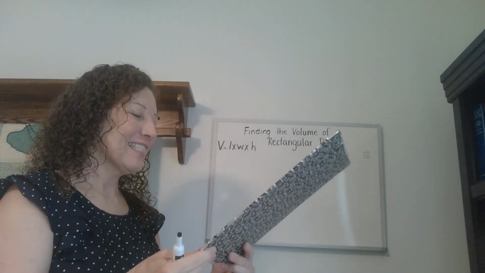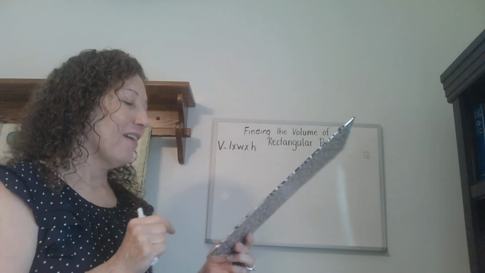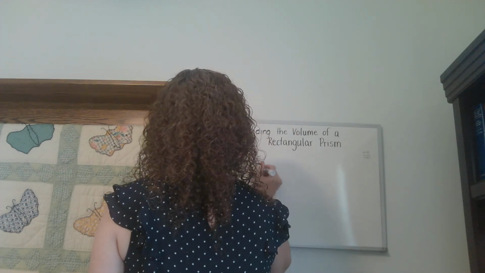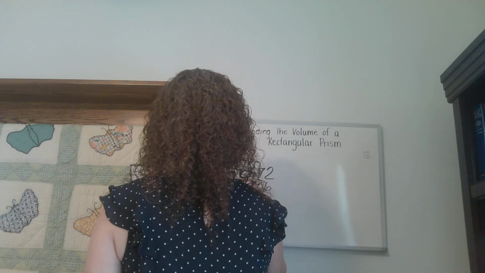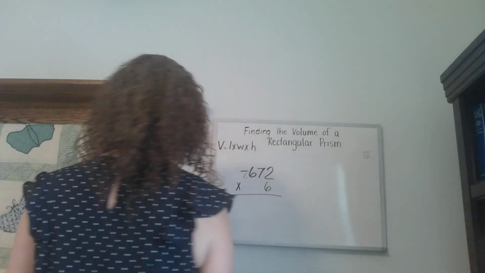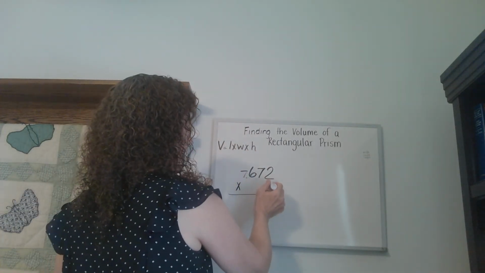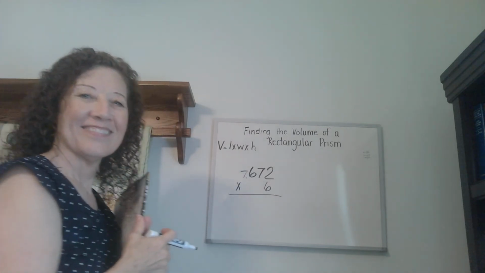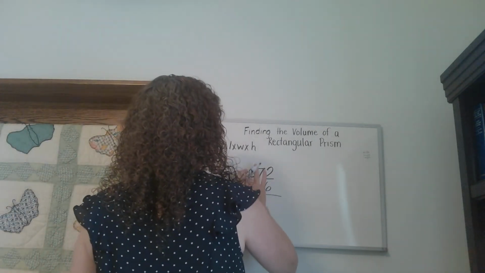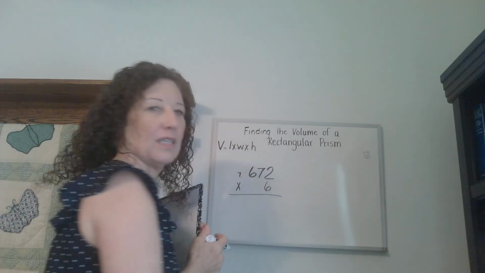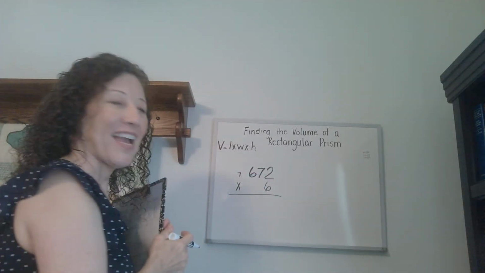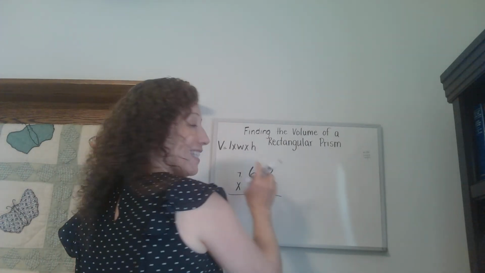All right, let's go to number 7. Let's do this one together. We have 672 times 6. So see if you can figure it out. Let me move this over just a little bit, so it doesn't look like it's part of that number. Okay, so 2 times 6 is 12.